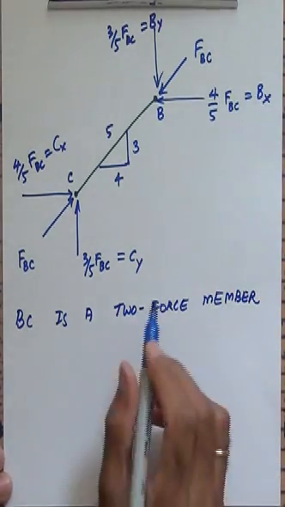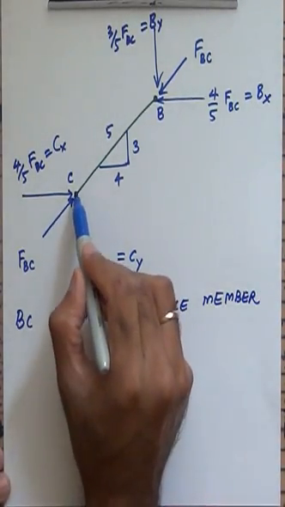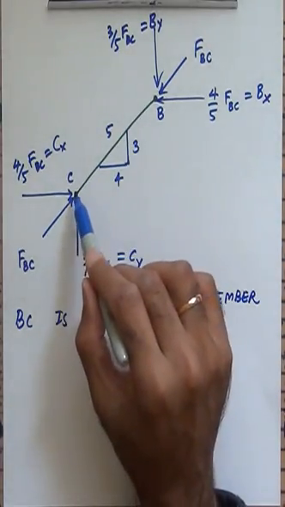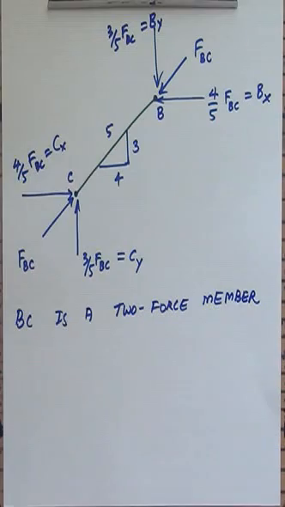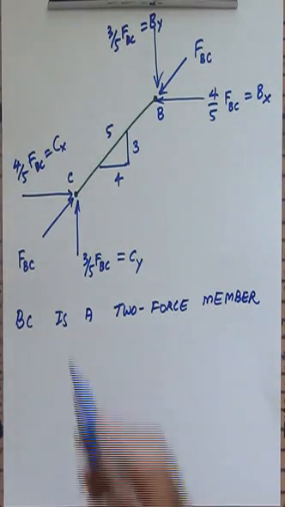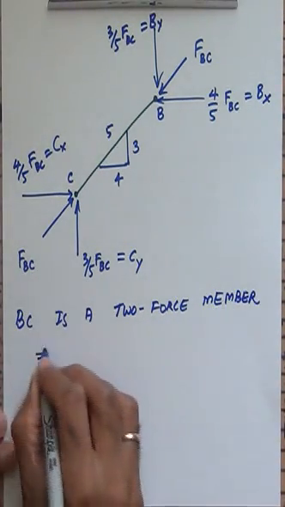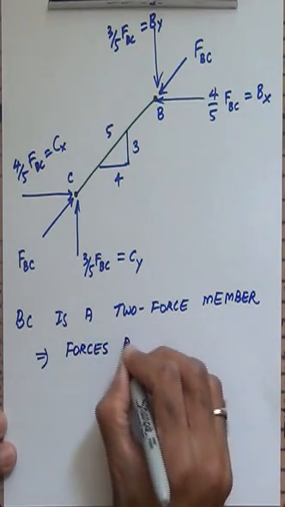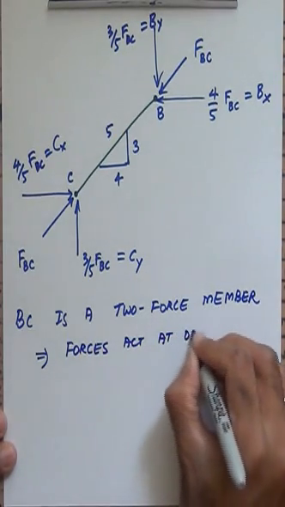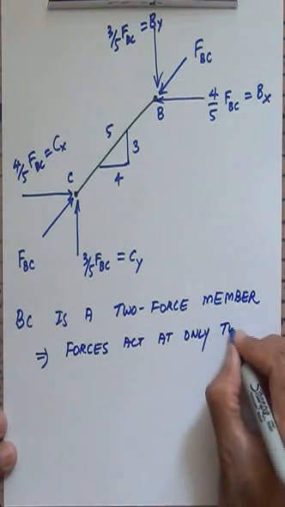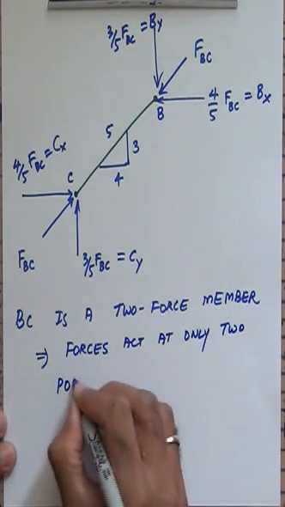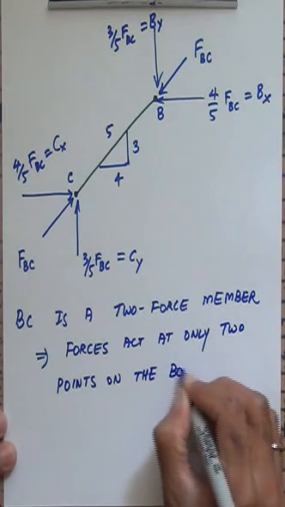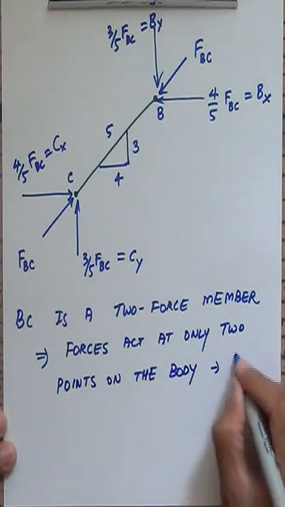What does that mean? That means that there are forces acting at only 2 points on this body here. You see that there are forces acting at the point C, there are forces acting at the point B, which means that there are forces acting at only 2 points on the body. So this means that forces act at only 2 points on the body.